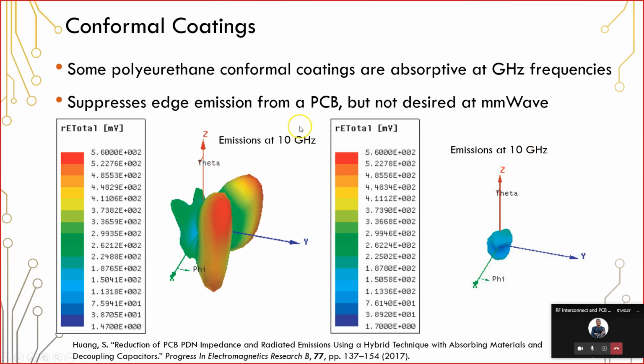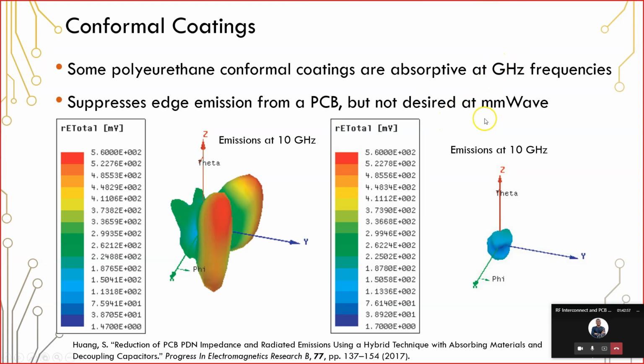So if you're operating, again, in the Wi-Fi ranges, and you know that your design needs to have high reliability, and there is a possibility that it is going to be exposed to some noxious chemicals, if you're operating at low enough frequencies, conformal coatings are still a possible material that you can use to protect the design without ruining signal integrity and without ruining the ability to broadcast signals.